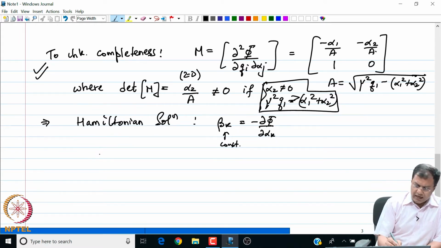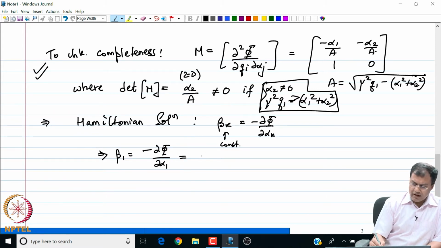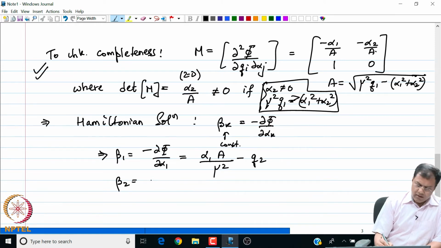So from here I get that beta 1 is negative del phi del alpha 1, and I have an answer for this right away. All these answers should be checked by the students by taking all these derivatives. So it turns out to be alpha 1 a by mu square minus q2, and beta 2 is minus del phi del alpha 2. This is also equal to alpha 2 a by mu square minus t.